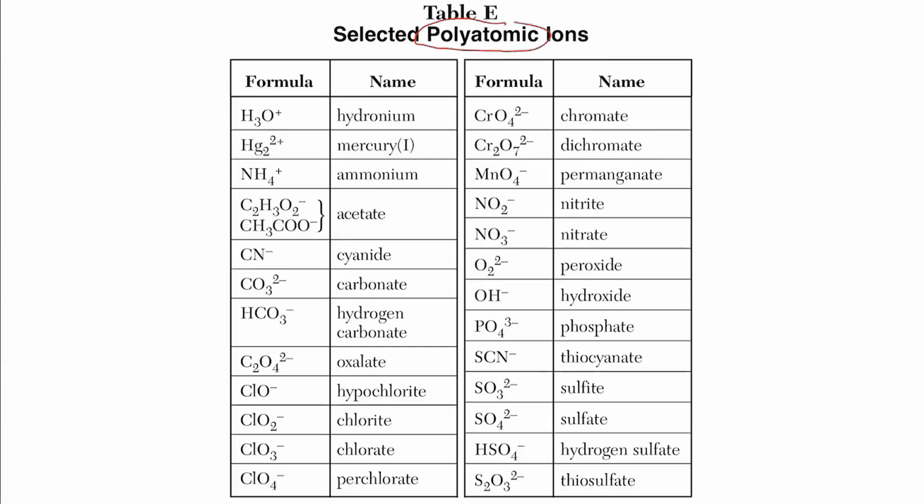Now, I just said that the naming system for a binary, 2 different elements, ends in IDE. That's true. If we're naming something that has a polyatomic ion, the metal's name would go in front, like the calcium, and then we would just get the name of the polyatomic ion. So if you notice, there's one here that does end in IDE, but that's the hydroxide polyatomic ion.